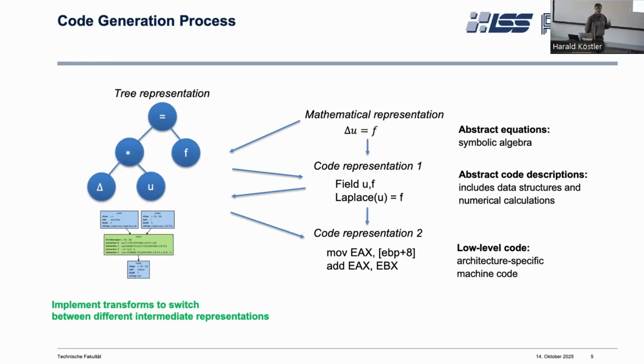So we have to handle data accesses. And these two things you need in order then to map it to a certain low-level code that is then, of course, at the end, architecture specific. And code generation basically means that we write those transforms that map from the higher abstraction to the lower abstraction level.